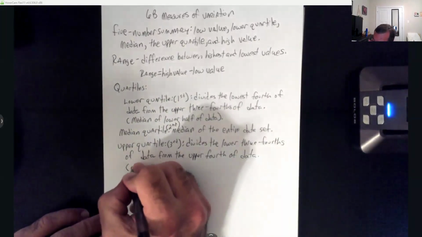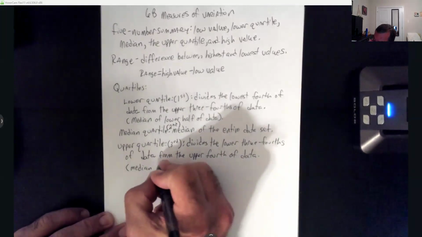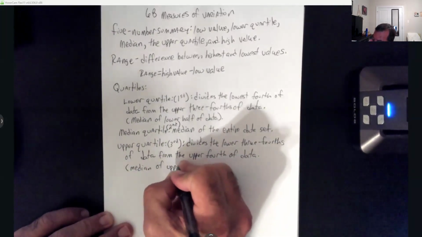So it is basically the median of the upper half of the data.